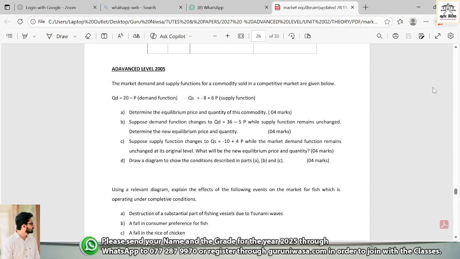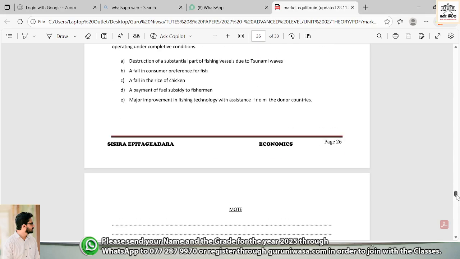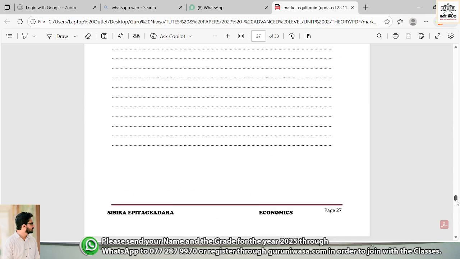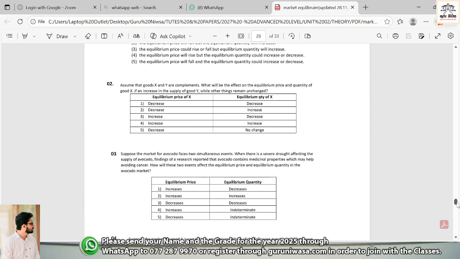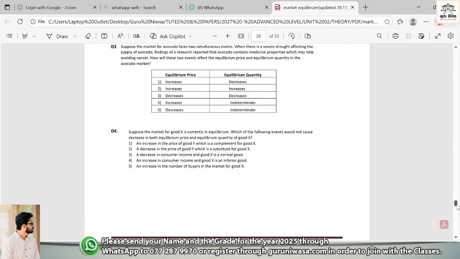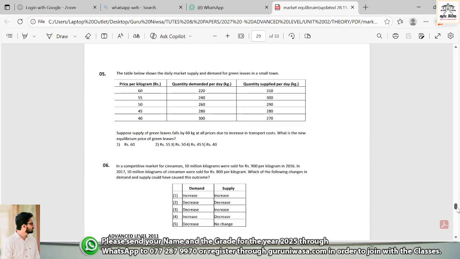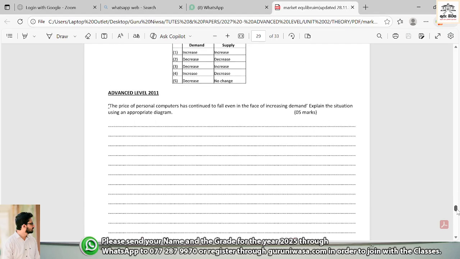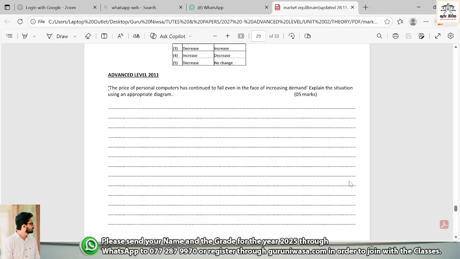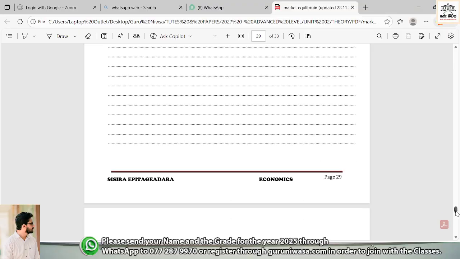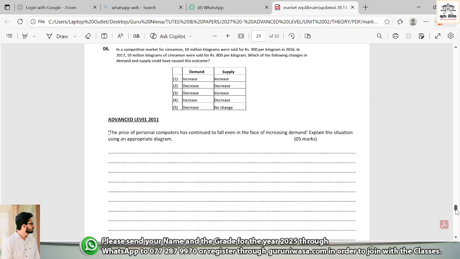This is the practical application. This is a way of asking questions in your exam. Let's do this second paper question first. Page number, last page, 29. This is a 2011 A-level paper question. It's a good question.